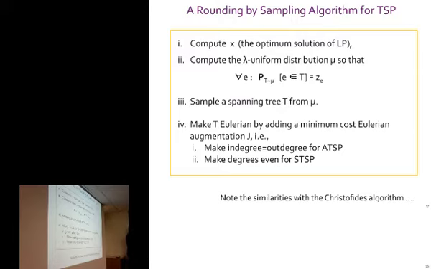So the expectation would be the LP, but some of them could have larger costs than the LP. In general, the minimum spanning tree could be smaller than the solution of the LP, and then some of them could be smaller than the solution of the LP.